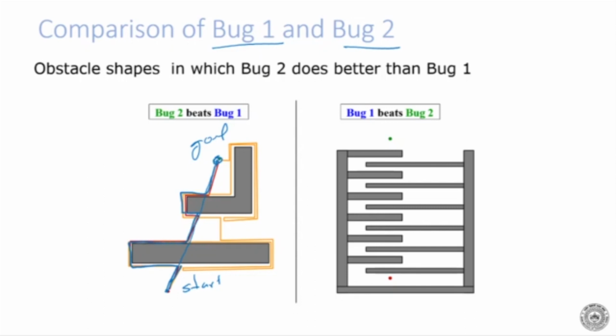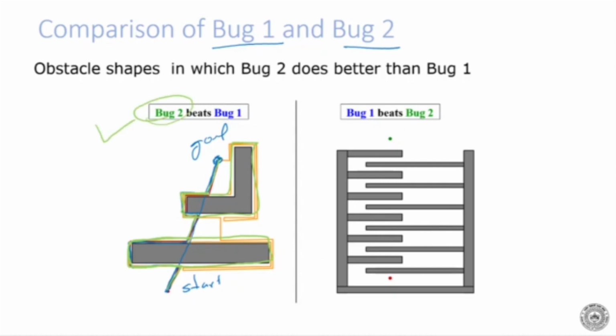So this is faster. Whereas with the bug 1 algorithm, it will go here, then circumnavigate like this. Then it will go back here, go there, circumnavigate everything here, then go here, then go there. So bug 1 is the green line, and bug 2 is the blue line. We can see in this case that bug 2 is faster.